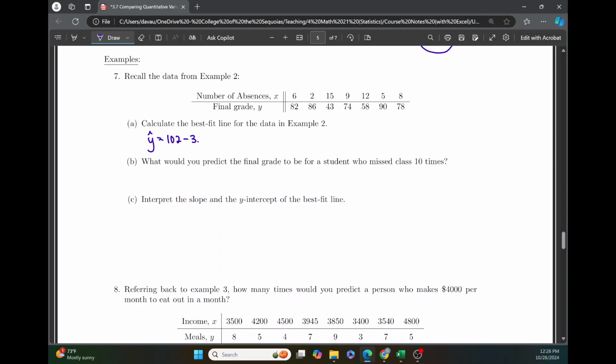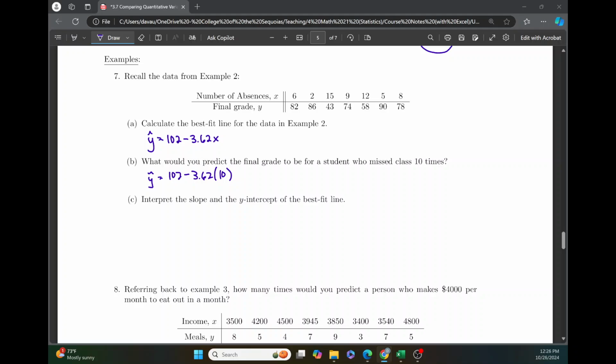Okay, so part B asks, what would you predict the final grade to be for a student who missed class 10 times? Well, for that student, we would plug in 10 for x.